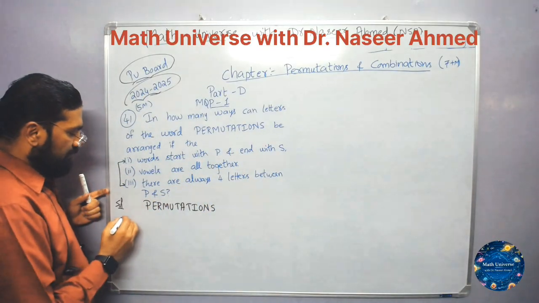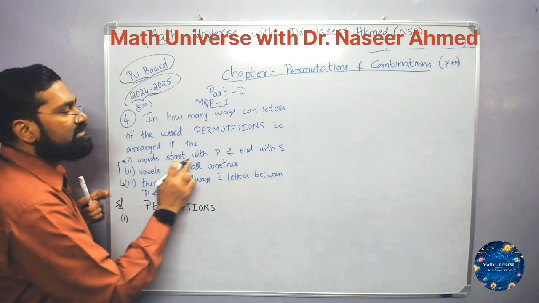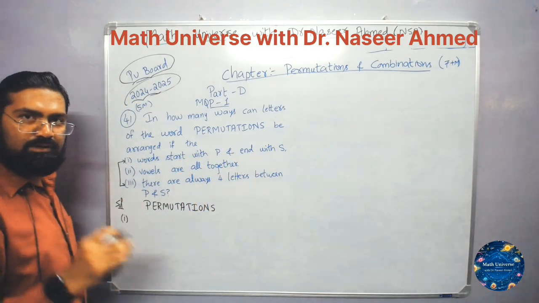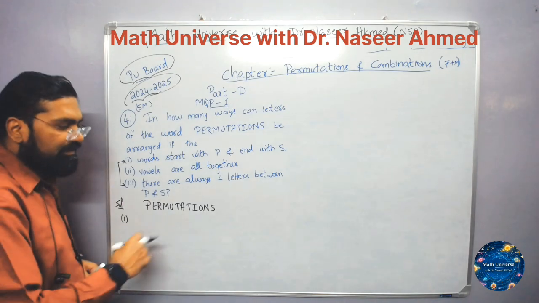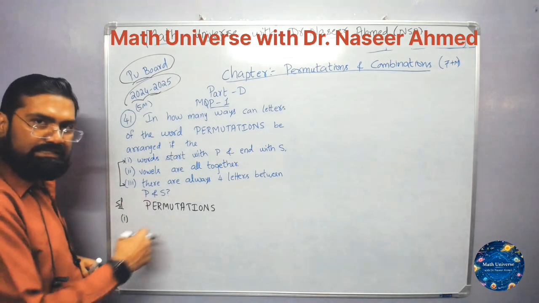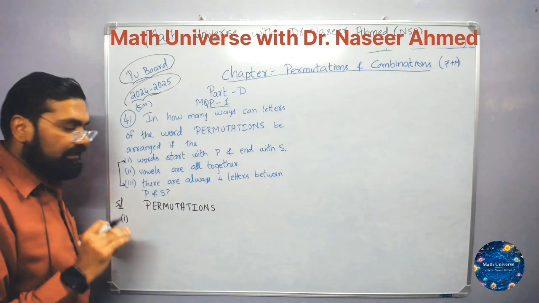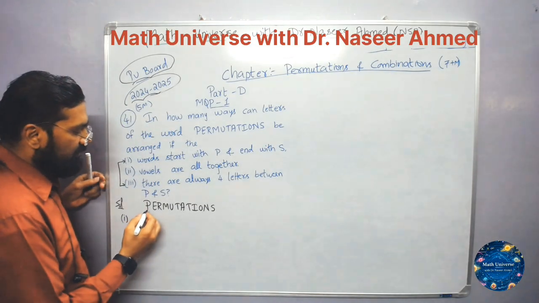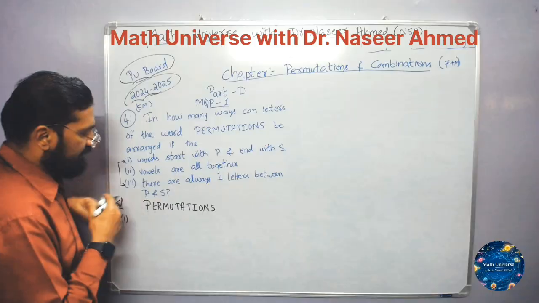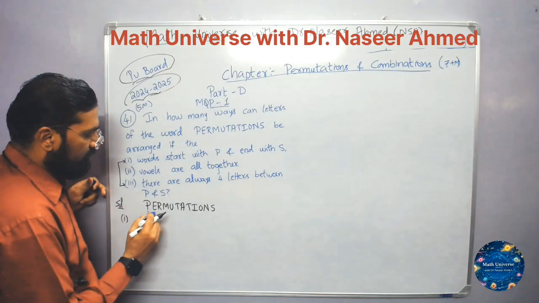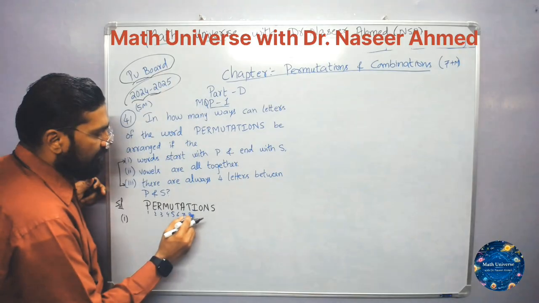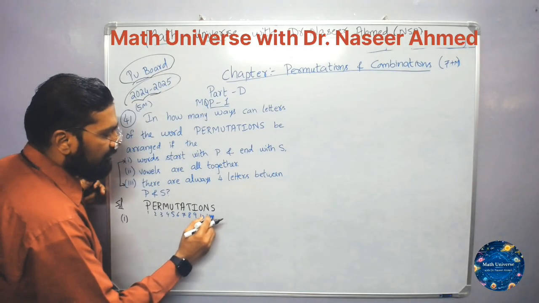Now coming to sub-problem number 1, words start with P and end with S. Let us try to solve with the box concept, because since we are manually writing and understanding, that will be very clear and we will not make any errors. First count how many letters are there: 1, 2, 3, 4, 5, 6, 7, 8, 9, 10, 11, 12.